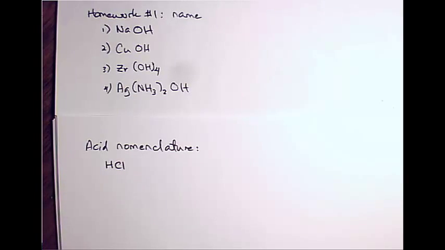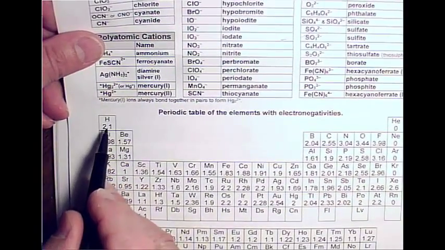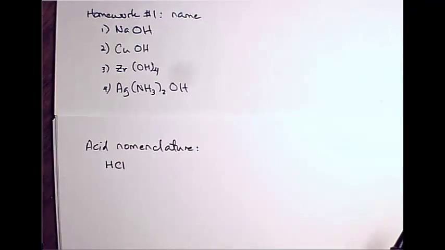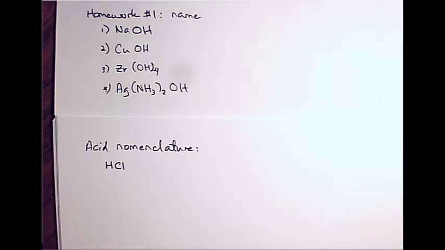So if we're writing these in terms of where they are on electronegativity, we're going to put the H before the Cl, because it has a lower electronegativity than Cl does. Now, we're not going to get into the theory of why acids behave the way they behave. We'll do that in another unit later in the year. Right now, we're just going to go about learning how to name these things, since that's what we're doing right now.